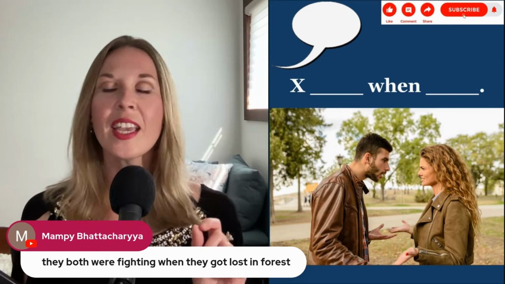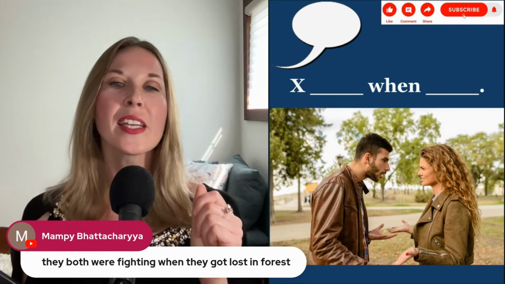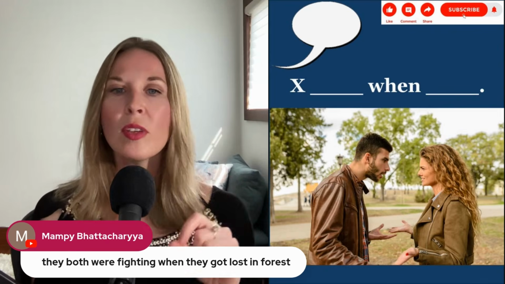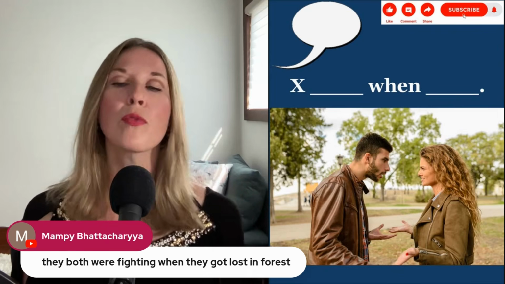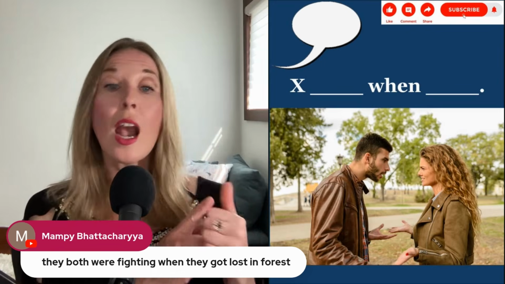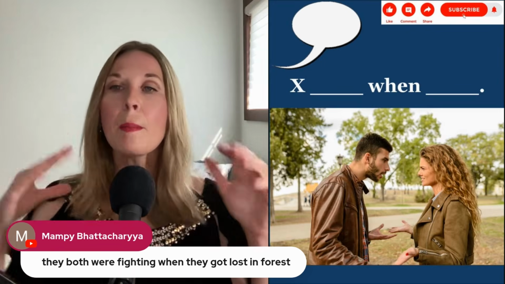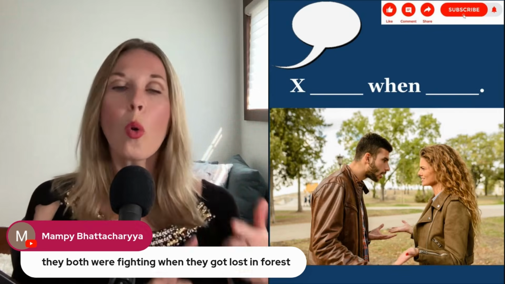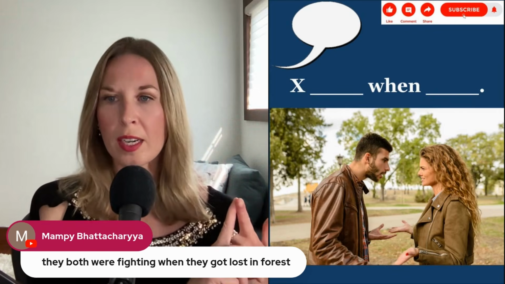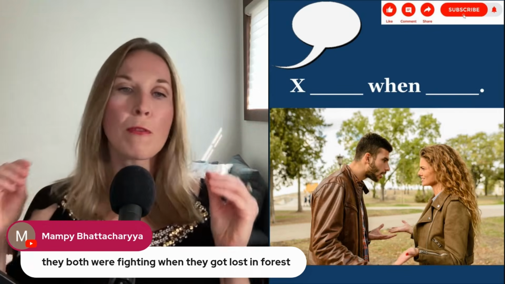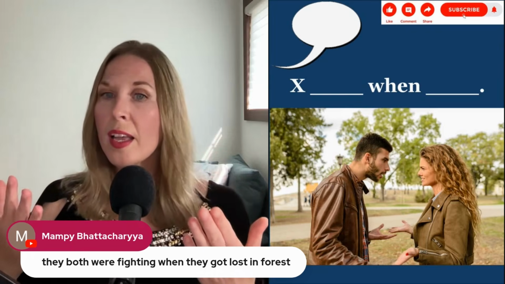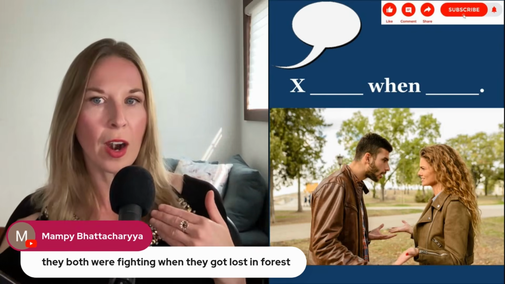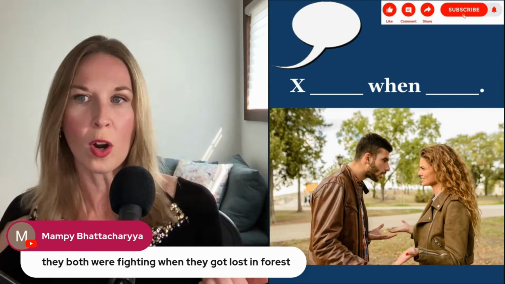The only thing is that forest is a noun, a countable noun. So you need to have an article in front of it. And in this case, you could say a forest because that means any forest, not a specific one. Or you could say the forest, which is a specific forest, perhaps the one they took a walk in, the one closest to their house or closest to their work.